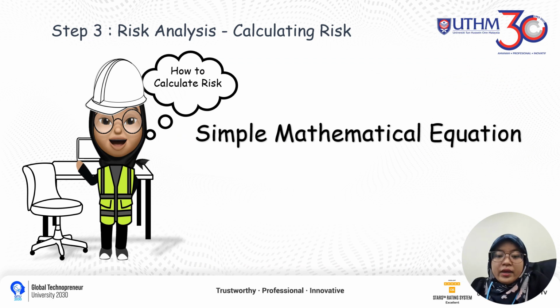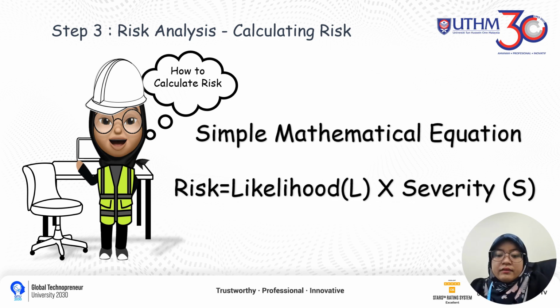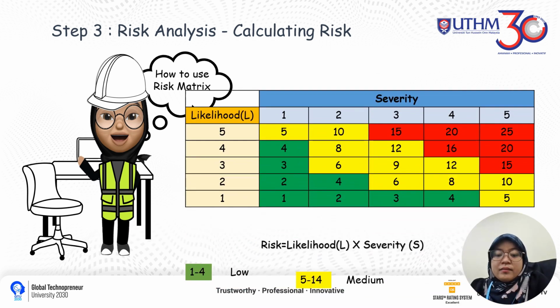After that, you have to conduct risk analysis. Risk can be calculated using a simple mathematical equation. Risk equals likelihood times severity. So for example, if you already calculate your risk, then you have to group it into 3 levels.